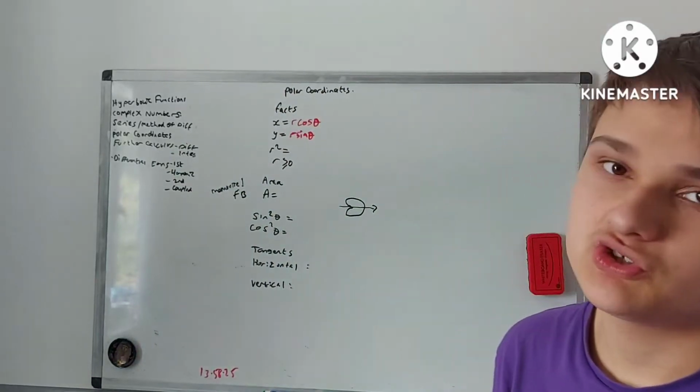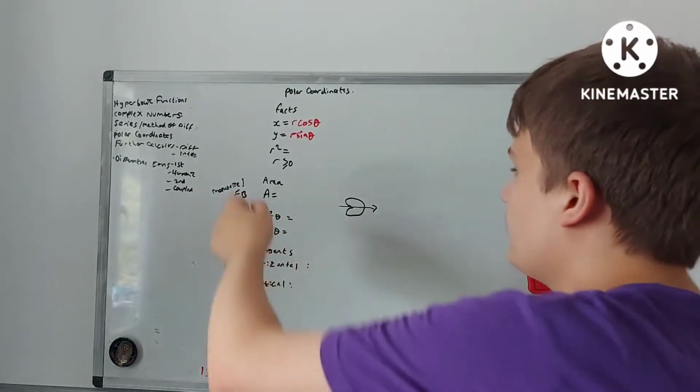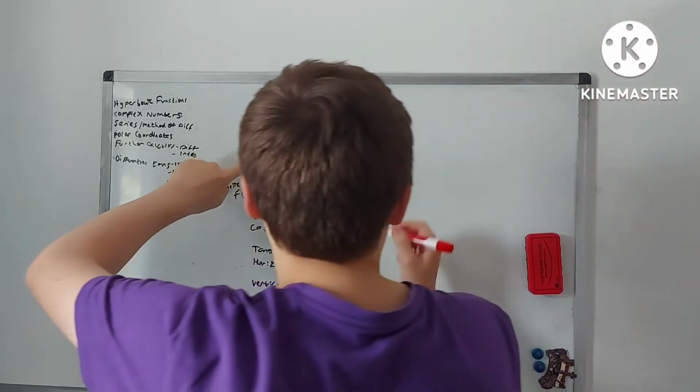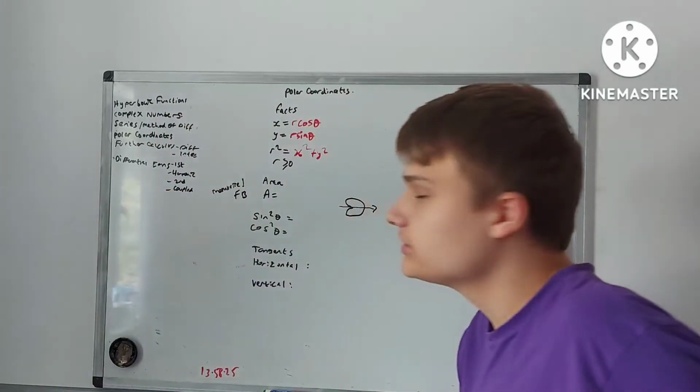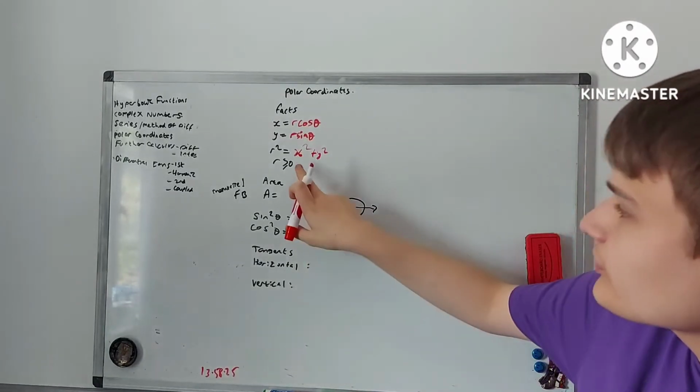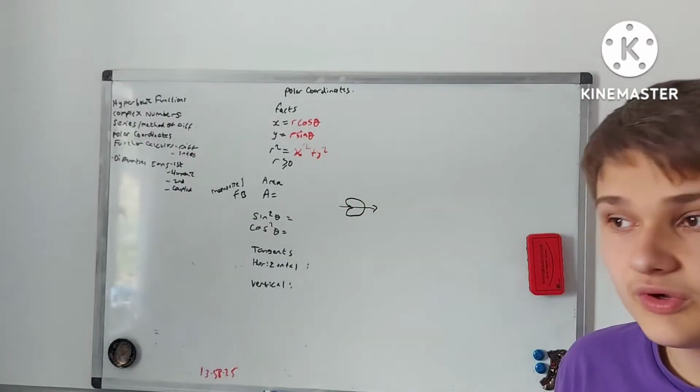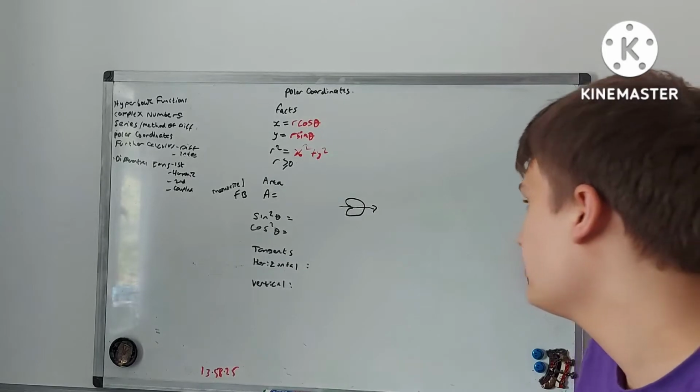Now, if we go back to our old favourite of the Pythagorean identity, we can say that r squared is equal to x squared plus y squared. In Edexcel, all the questions we have to deal with are where r is positive, where r is greater than or equal to 0.